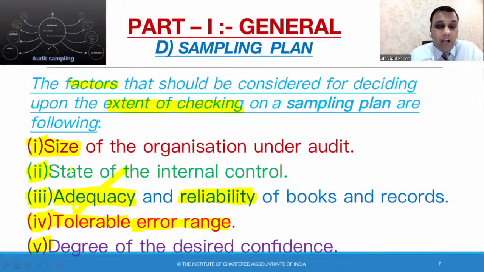So these are the factors which are very important while devising a sampling plan: size of the organization under audit, state of the internal control, adequacy and reliability of books and records, tolerable error range, and degree of desired confidence.